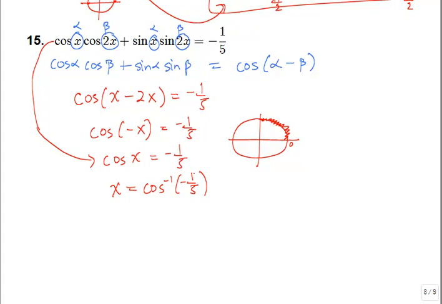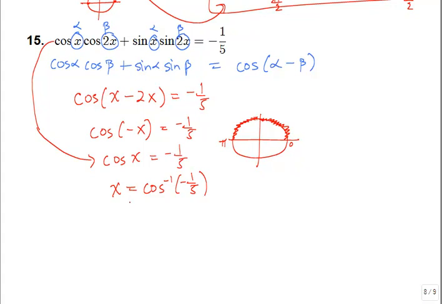If the number that you're trying to take the inverse cosine of is negative, you're going to get an angle over here in quadrant 2, because the domain and range restrictions on inverse cosine say that you're always going to get an angle between 0 and pi only. So this is negative, so we should predict that we're going to get something over here in quadrant 2. So if we pull up the calculator, we'll be able to figure that out.